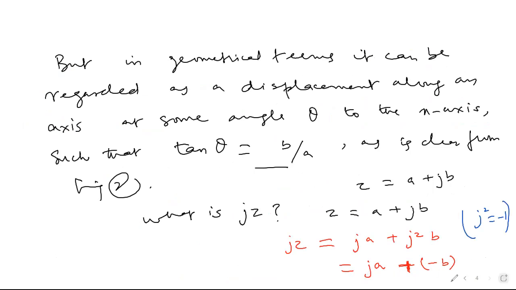So let us represent it by a vector. It would be like this. This is my x-axis. This is my y-axis. This is 90 degree, as you know.